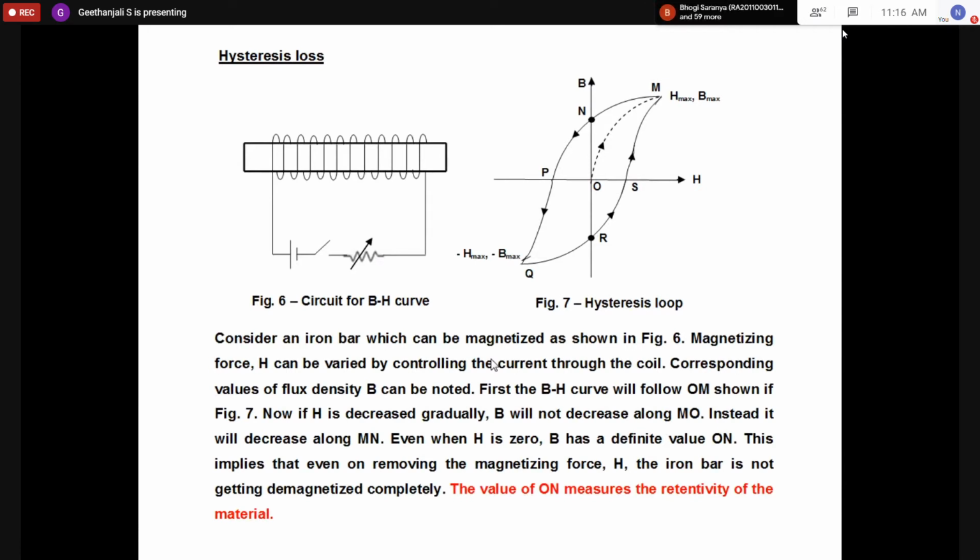Both have the same meaning. So now we will see one by one.